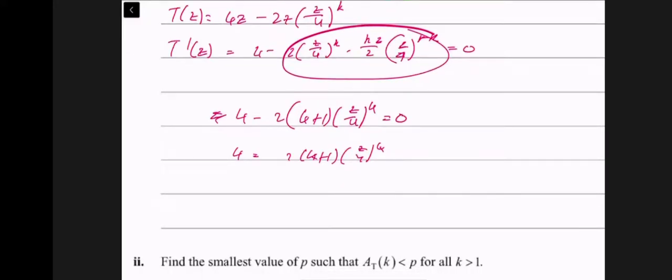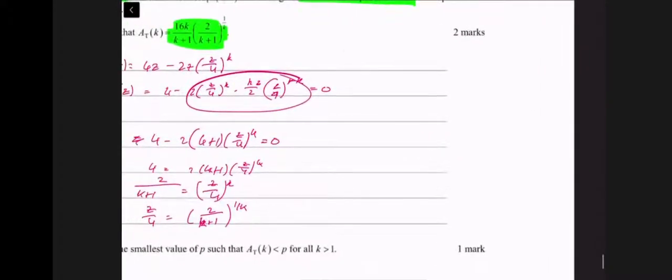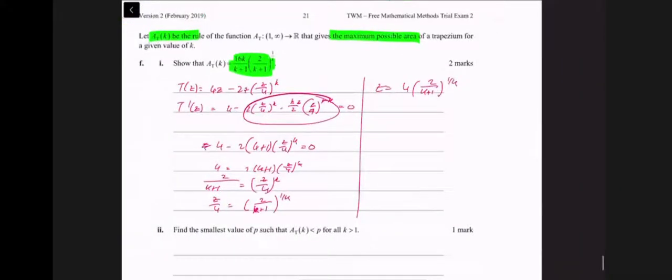So we're trying to rearrange this to find z. So 2 on (k plus 1) is (z/4) to the power k. Then z/4 is (2/(k plus 1)) to the power 1/k. And then z is 4 times (2/(k plus 1)) to the power 1/k. Now you have your z value.